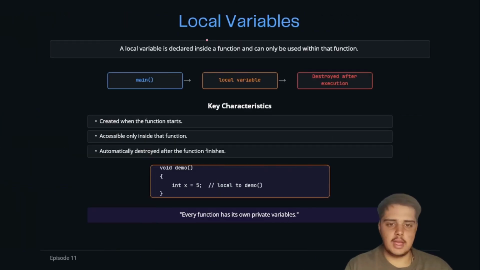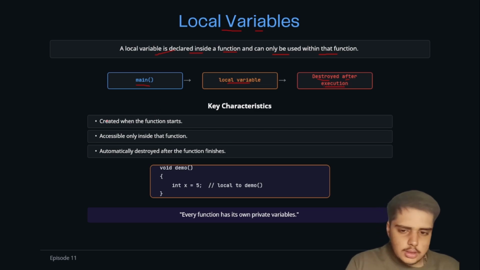Next we have local variables. A local variable is declared inside a function and can only be used within that function. So in main, a local variable is created and it is destroyed after the execution there.